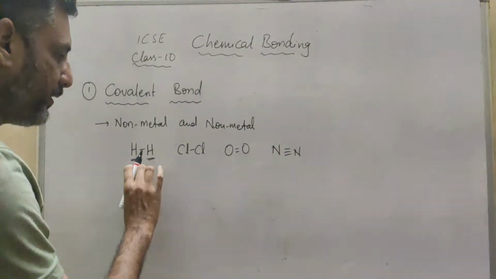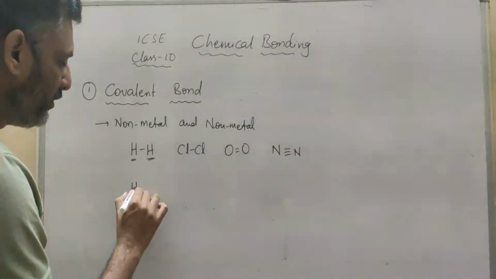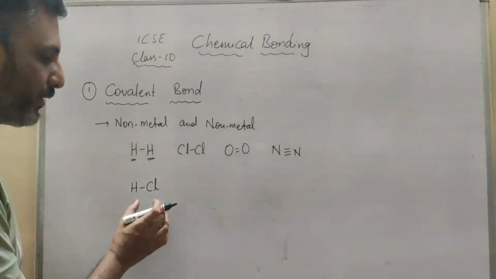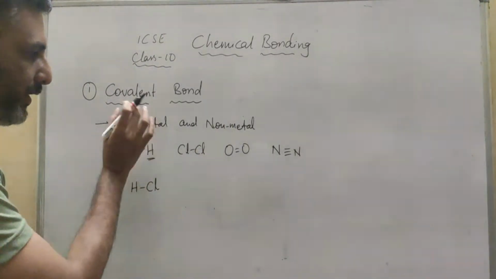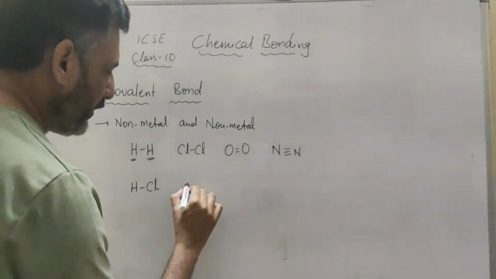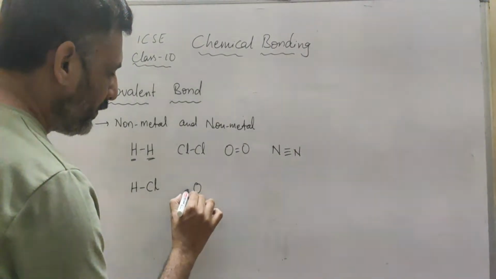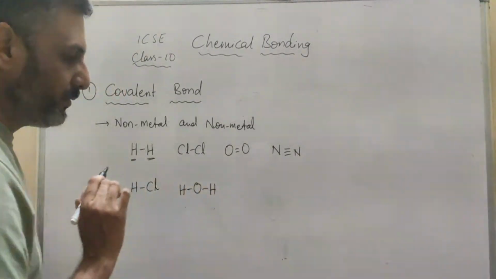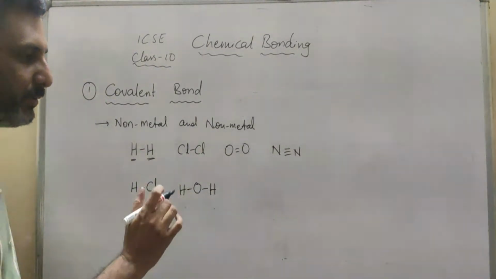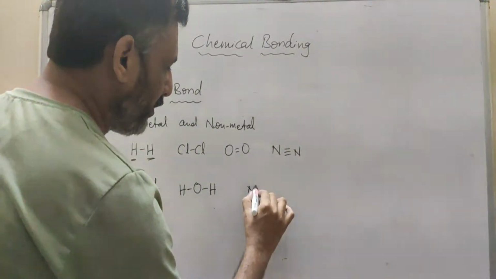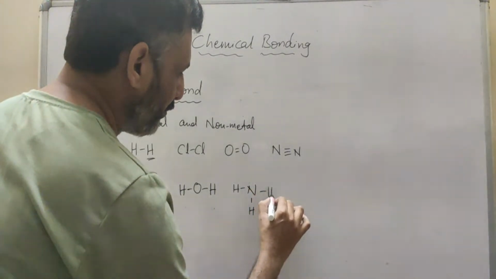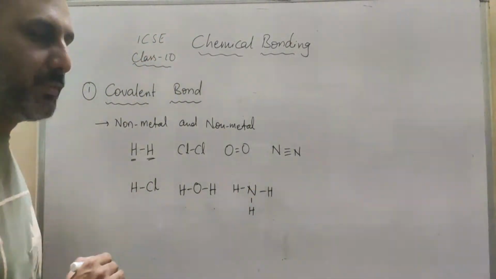And if you take different kinds of atoms, like hydrogen and chlorine, both of them are non-metals, so it should be a covalent bond. Then water molecule, that is hydrogen, oxygen bond, hydrogen. So one oxygen, two hydrogens. Then the ammonia molecule, NH3, where you have the bonding between nitrogen and hydrogen atoms like this.